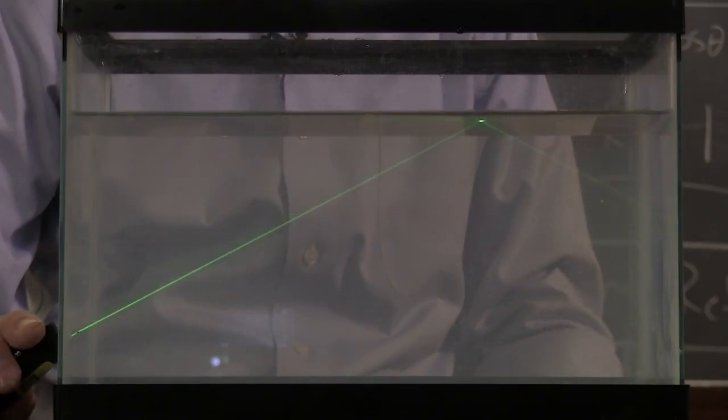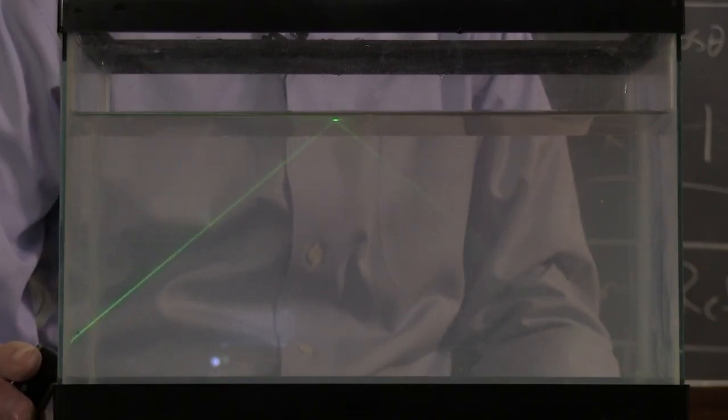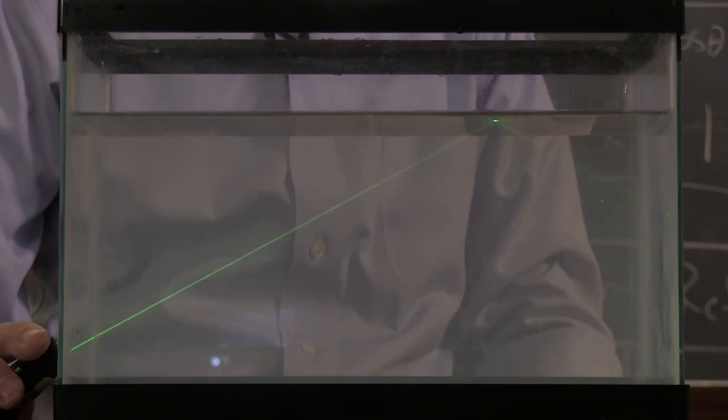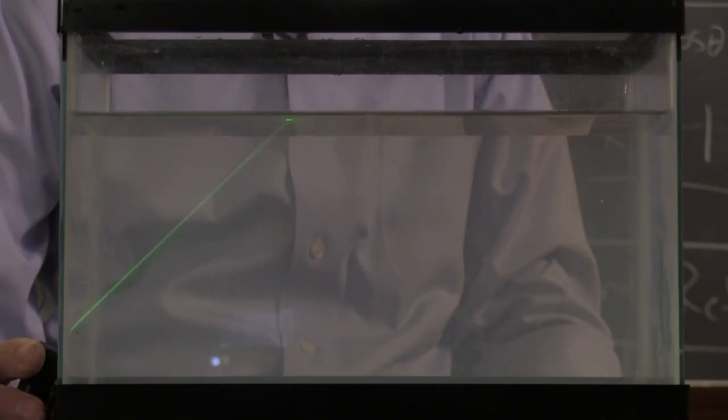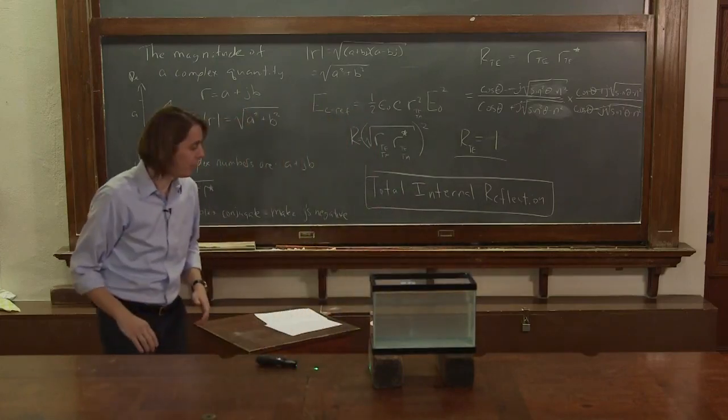It's not changing in intensity as I go across there, but it does suddenly go down as I come this way. Okay? So that is the basic phenomenon of total internal reflection.